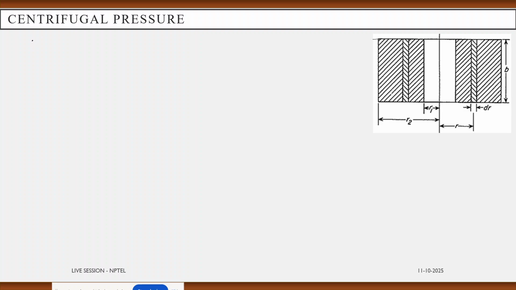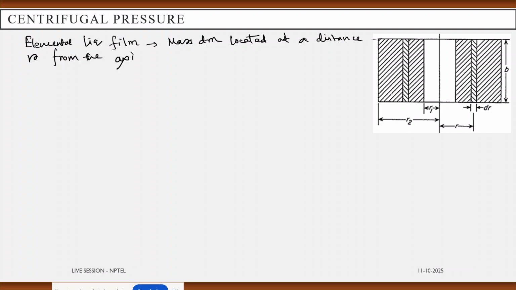This elemental liquid film has mass dm, located at a distance r from the axis of rotation of the centrifuge bowl.